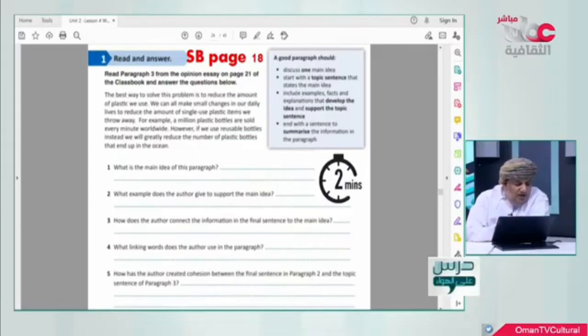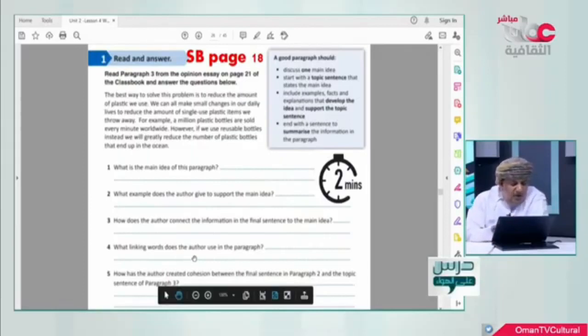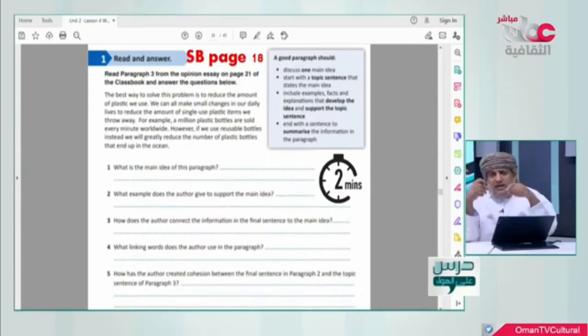Number 4, what linking words does the author use in the paragraph? What do we mean by linking words? Linking words mean the words that link one sentence to another sentence, like because, but, also, in addition, however. These are the linking words. Okay?